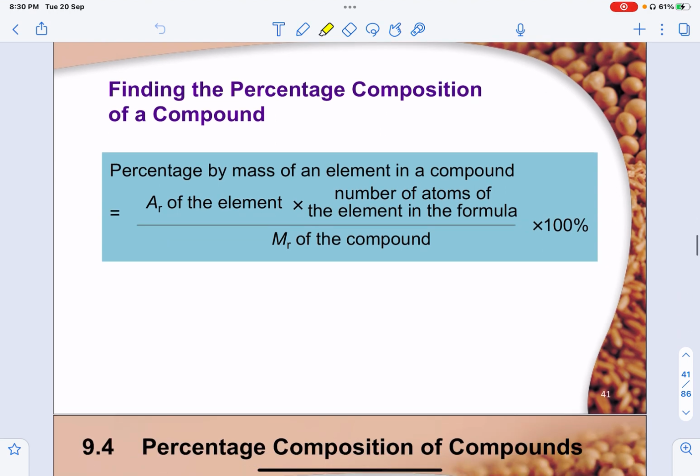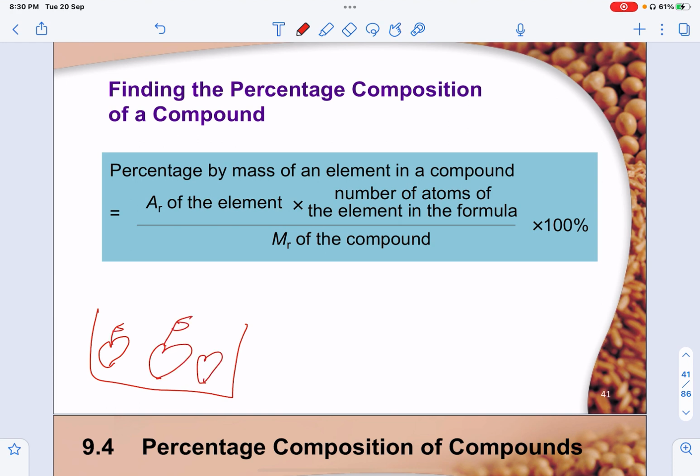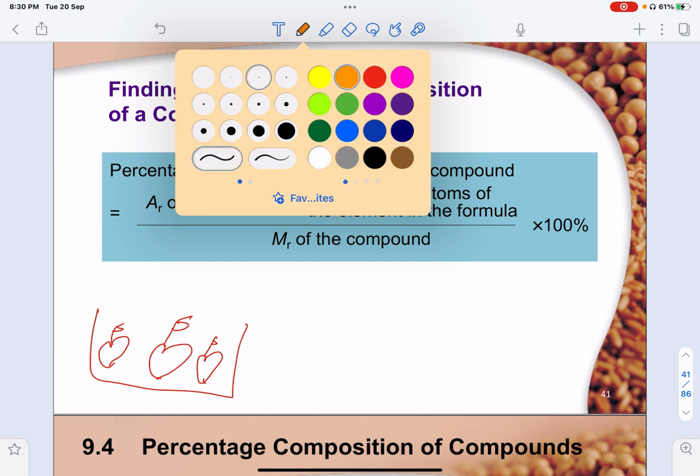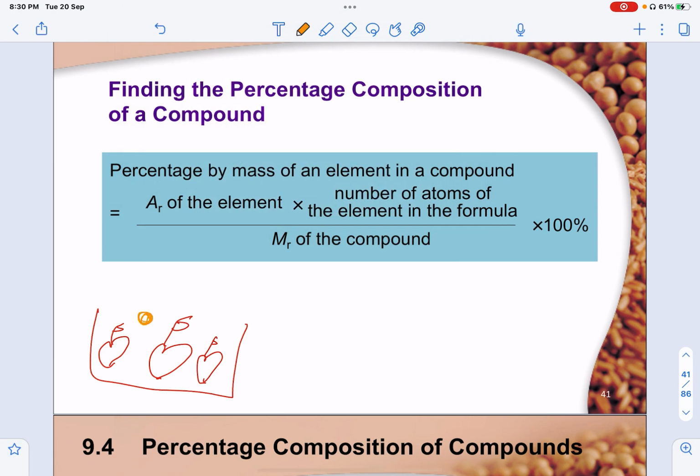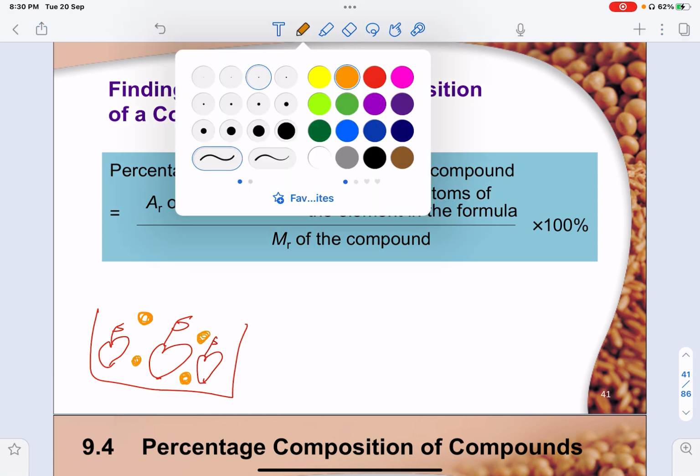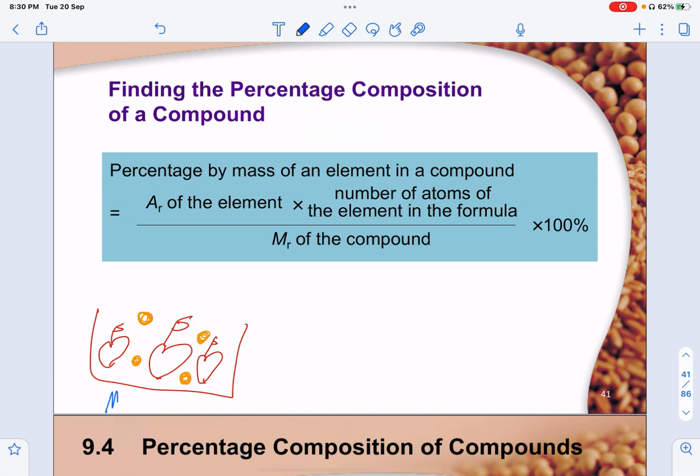To give you an illustration, let's say you have a basket of fruit where you have apples, and you have maybe 4 oranges. Then the question is, the MR of the compound is the MR of the basket of fruits.